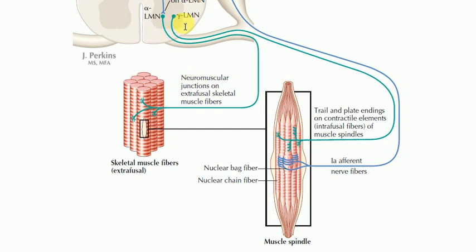So the gamma motor neurons, as shown over here, are also exiting in the ventral roots, and they are going to innervate the green part. The green colored axon is the axon of the gamma motor neuron. It's innervating the intrafusal muscle fibers of the muscle spindle, as shown over here. And what they do is they control the sensitivity of the muscle spindle to stretch.